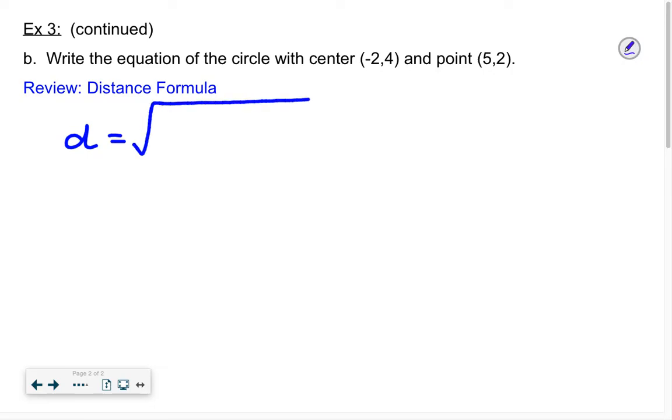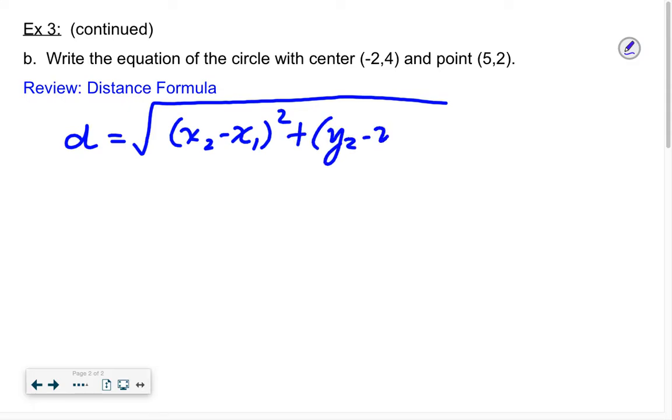D is equal to the square root of x sub 2 minus x sub 1, squared, plus y sub 2 minus y sub 1, squared. Again, what will this distance represent?